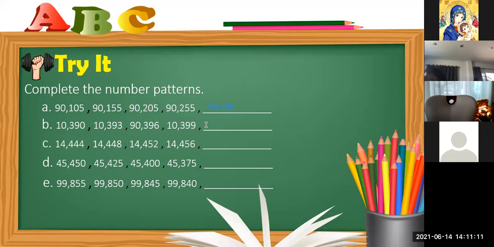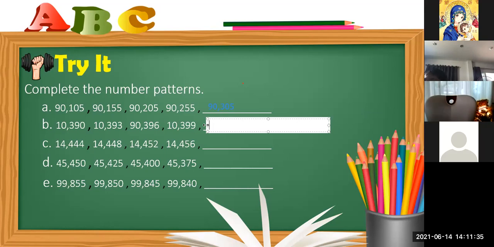How about here? Letter B, 90,390. And the next number is 90,393. Now the pattern here is increasing. Increasing means plus, okay? Plus, you have to add numbers. Now here, the question is, how many are we going to add here?